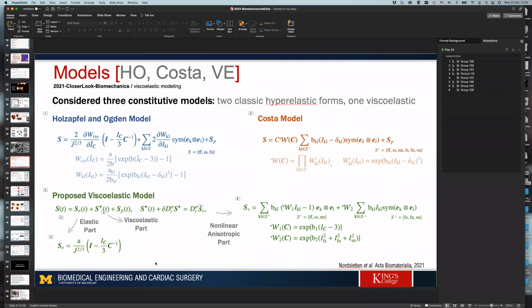And another quick question. The viscoelastic term, the form that you propose, does it come from an energy form? And do you have any requirements like convexity or things like that? Yeah, those are great questions.